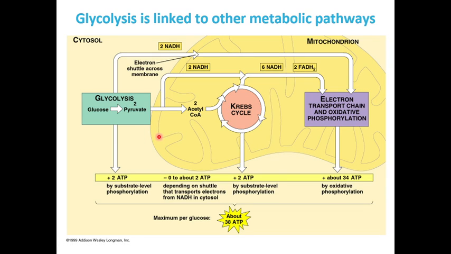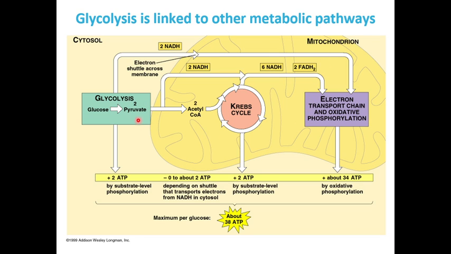Glycolysis is linked to other metabolic pathways. Now, as you know, glycolysis is the process of converting glucose to pyruvate. And in this process, 2 ATP and 2 NADH are formed. The NADH that is formed enters what is called the electron transport chain in the mitochondria.